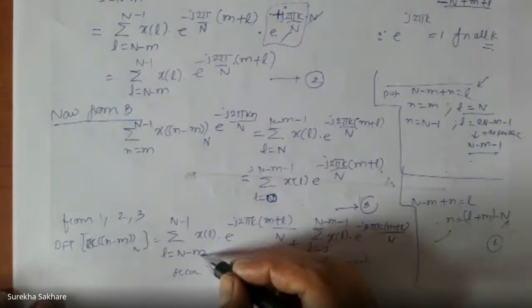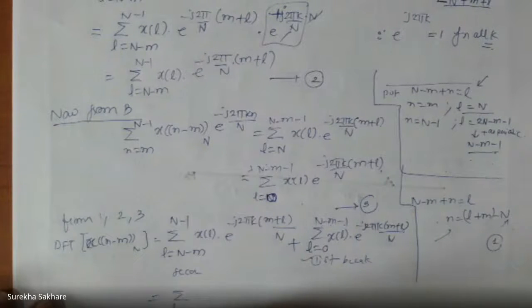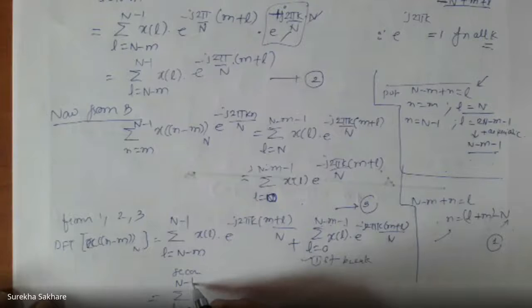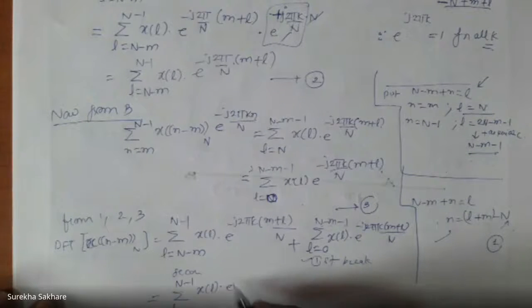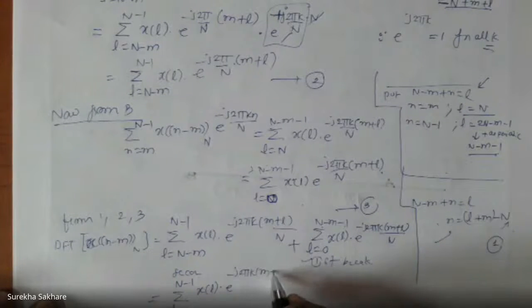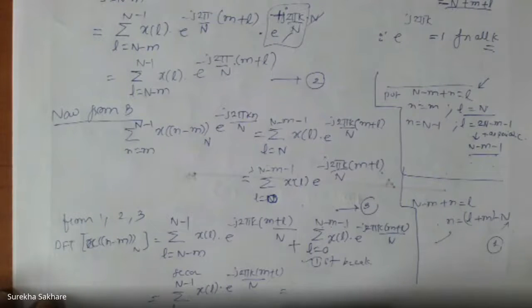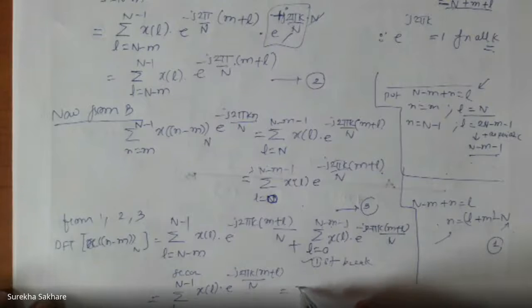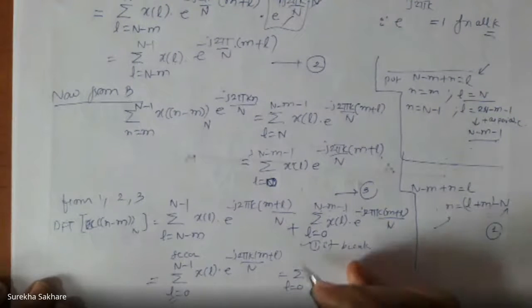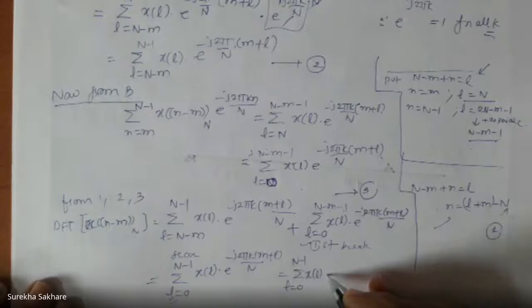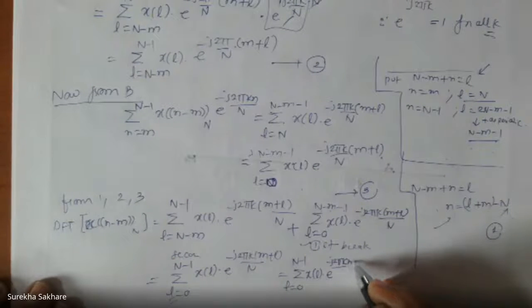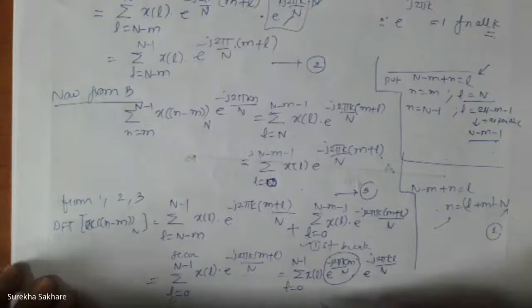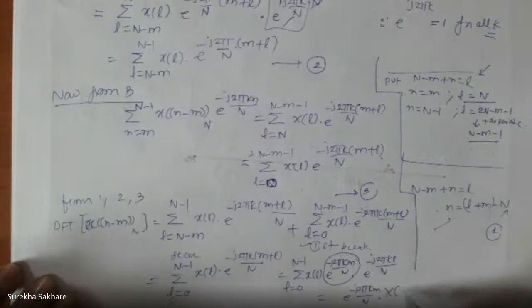So the total limit will be L equal to 0 to N minus 1 of x of L e raised to minus j 2 pi k (m plus L) by N. Because my variable is L, other things I am not interested in, so I will split this as the summation over L equal to 0 to N minus 1 of x of L e raised to minus j 2 pi k m by N into e raised to minus j 2 pi k L by N. So this is my constant, which will come out: e raised to minus j 2 pi k m by N into X of k. So that is what the proof is. Hence proved.